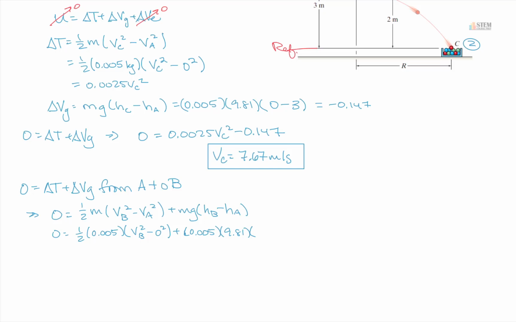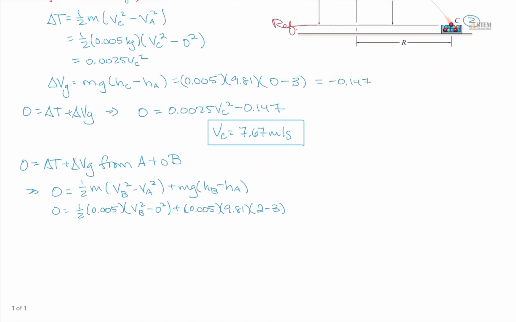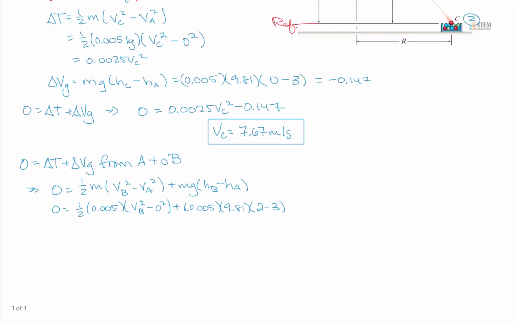And then for HB and HA, we're still going to use this same reference line. This value here is going to be HB, which is 2. And then we're going to use this distance for HA, which is 3. So that'll give me 2 minus 3. Let's calculate that and see what we can get.